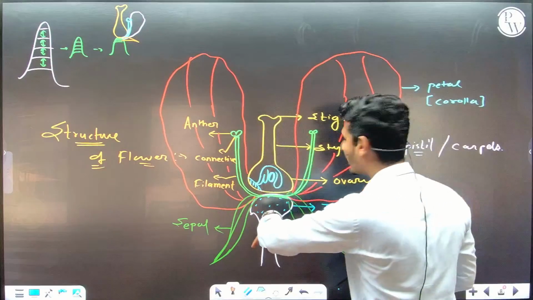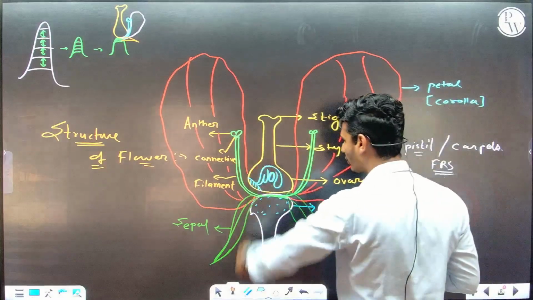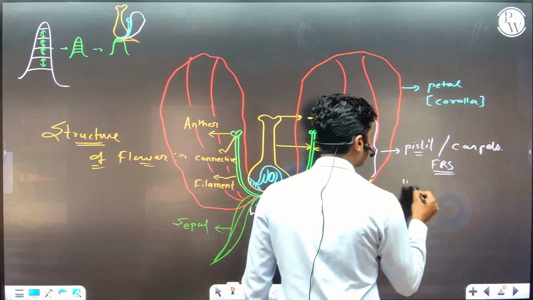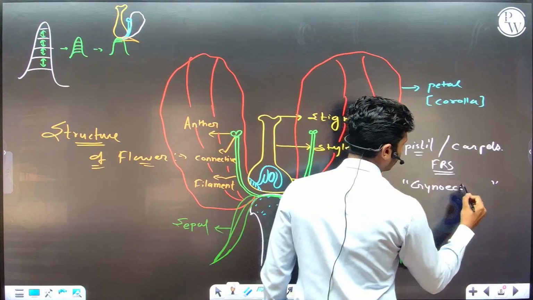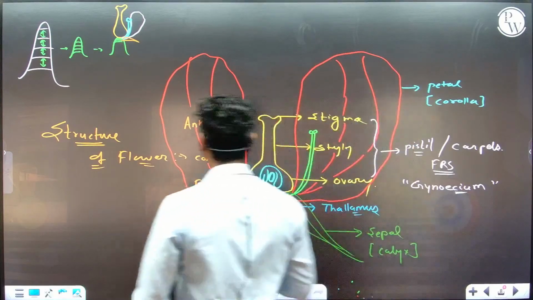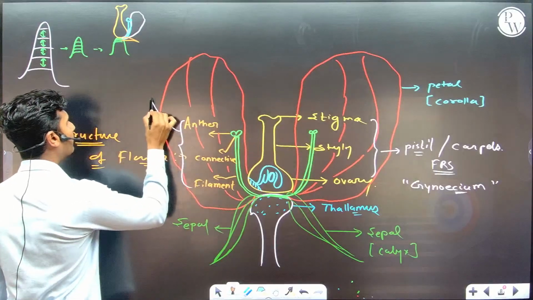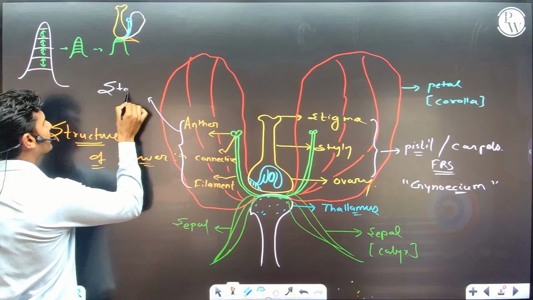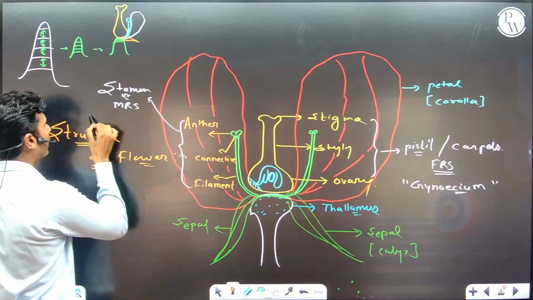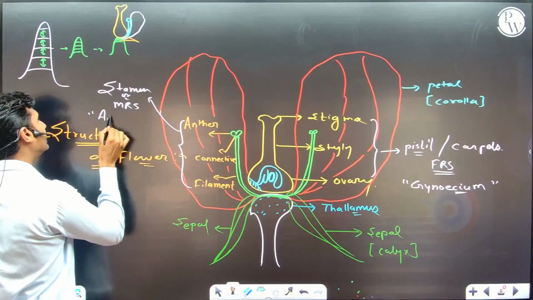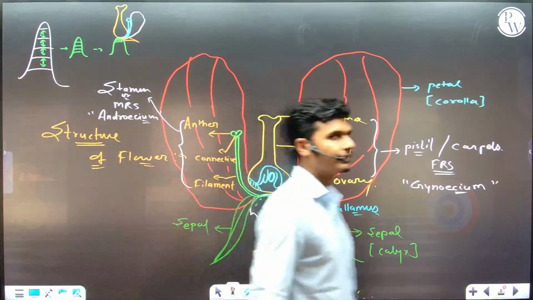This reproductive system is called the female reproductive system because it is responsible for formation of the egg cell, and scientifically we call this entire part gynoecium. Now what about the anther, connective and filament? Combinedly they are called stamen or the male reproductive system, and scientifically we call it androecium. Now this is the structure of a flower.